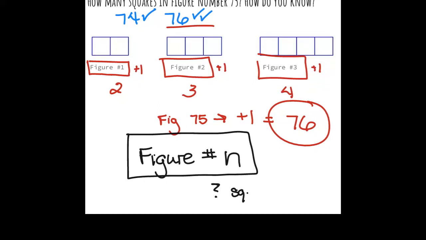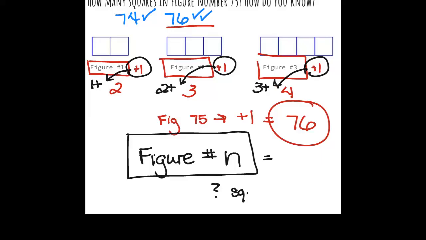Figure n. So here we went. Figure 1 was 1 plus this 1, right? Figure 2 was 2 plus this one. No? Good try. Everybody's trying. I love that. Figure 3 is 3 plus this one.